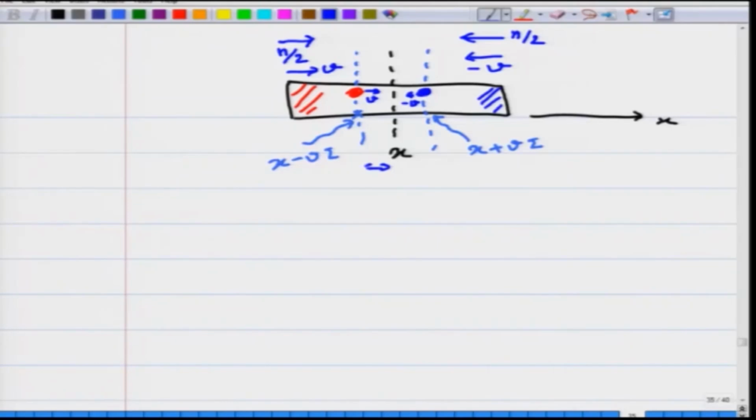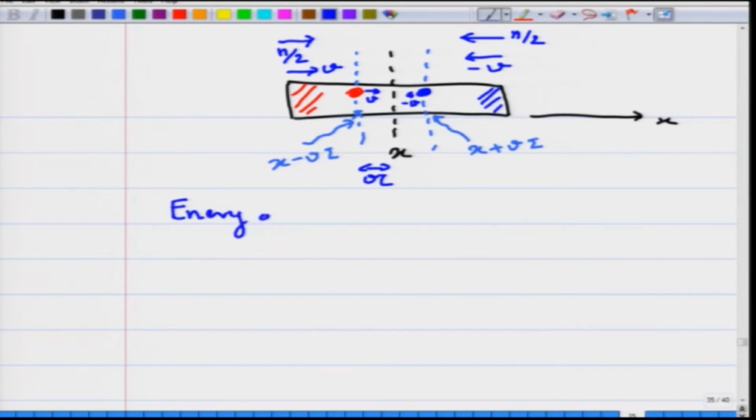So, let us consider from this point x, at a distance of v times tau, this point x minus v times tau, the location which is on the hot end side, and we look at the electrons which are flowing from the hot end side towards x.